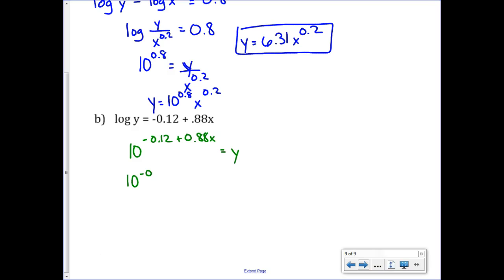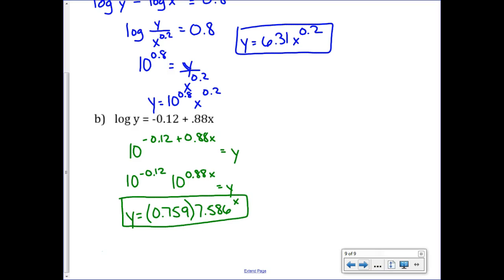So I have 10 to the negative 0.12 and 10 to the 0.88x. I can separate those out and take those individually to the powers is equal to y. 10 to the negative 0.12, I'm going to go ahead and put my y equals, is about 0.759. And then 10 to the 0.88 is 7.586. And then I still have that raised to the x. So there's my answer there. That's an exponential that you see.